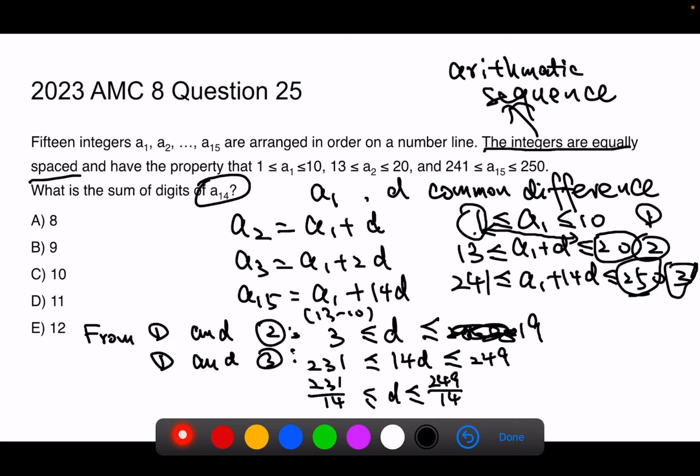Well, now you need to take out your draft paper and do a quick calculation. You'll find 249 divided by 14 is less than 18. No, you're fine. 249 divided by 14 is something like 17 point something.